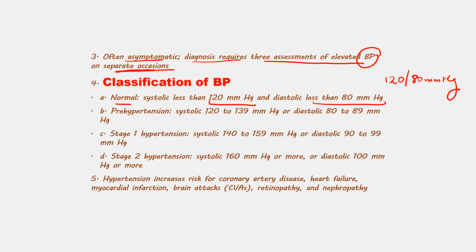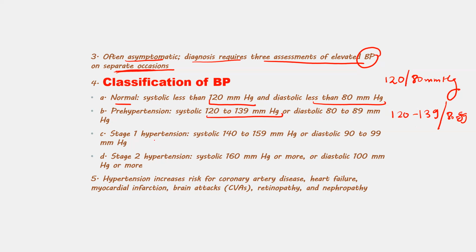In pre-hypertension, systolic will be 120 to 139 mm Hg or diastolic will be 80 to 89 mm Hg. When the patient is in the pre-hypertensive phase, it means they are prone to develop hypertension. So systolic will range from 120 to 139 and diastolic will be 80 to 89.